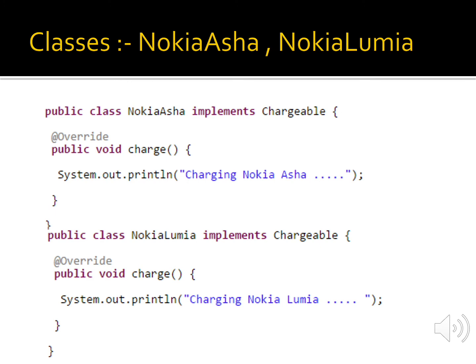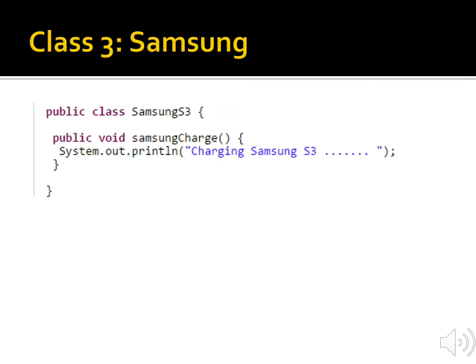Similarly, the second Nokia mobile class is also implemented with the Chargeable interface, or the target interface, and inside it the charge method is overridden with its own definition. And you can see that the third class, for the Samsung mobile, is the Samsung 3 class, and it has its own charging method, which is samsungCharge, with the definition of its own charging mechanism.